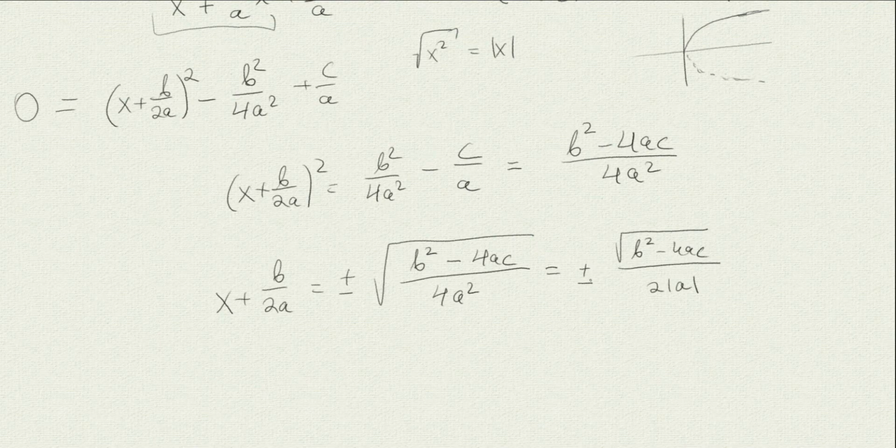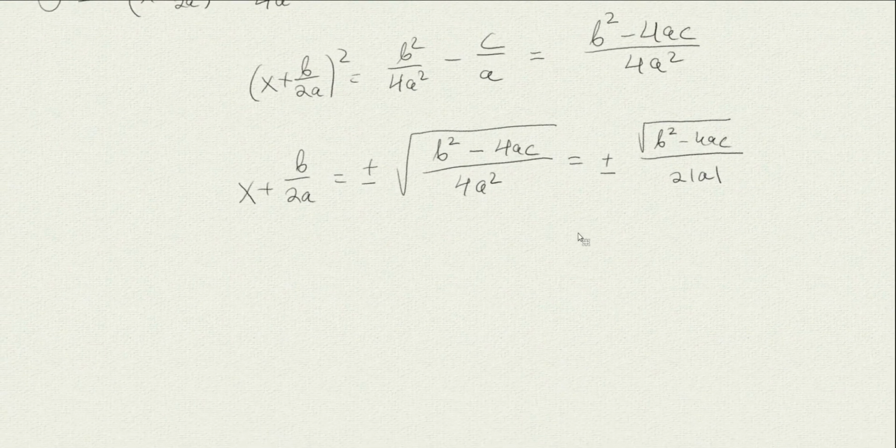But the plus-minus sign actually takes care of the possibilities for the sign of a, because if a is positive, then the sign of a is plus and nothing changes here. And if a is negative, then it flips the sign here, but we are considering the two cases anyway.